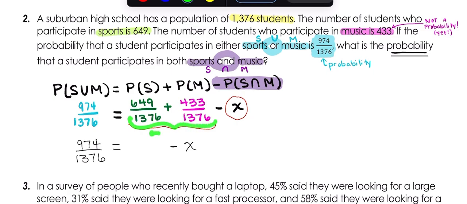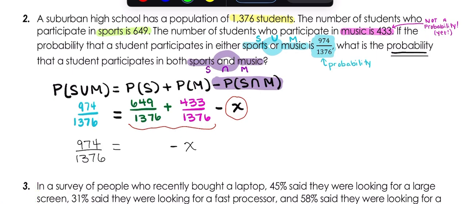Okay, so combine these. What goes here? Solve for x. And what I want you guys to do is write your answer as a fraction in simplest form. If you're using your calculator, it should automatically be simplifying it for you.